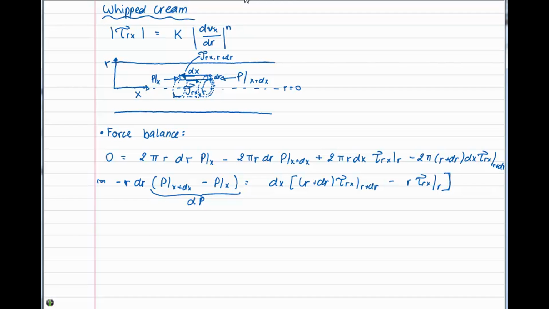So those terms can be replaced by dp and by d of r times tau.